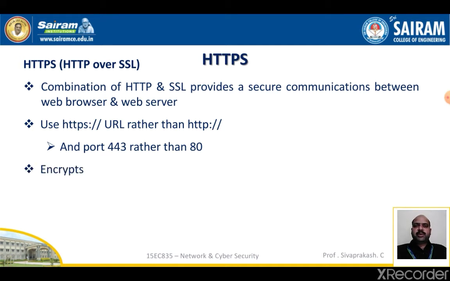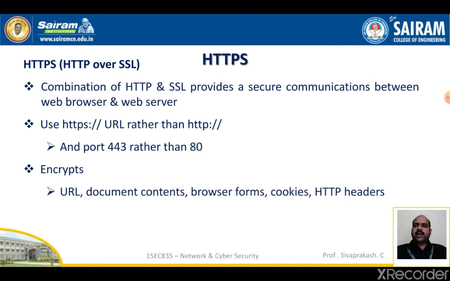When HTTPS is used, the following elements of the communication are encrypted: the URL of the requested document, the content of the document, the content of the browser forms, the cookies sent from browser to server and from server to browser, and the contents of HTTP headers.